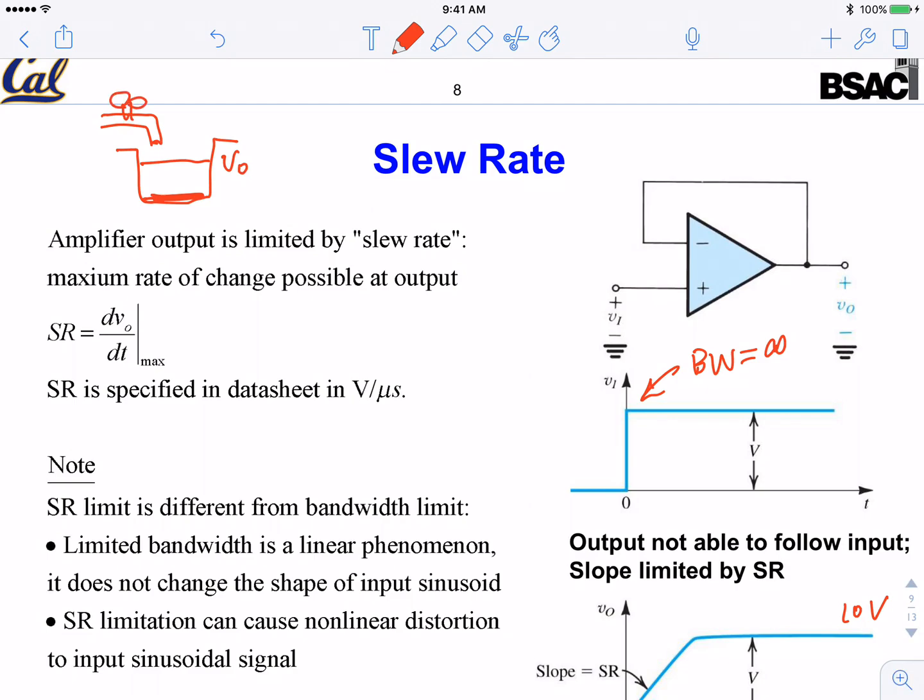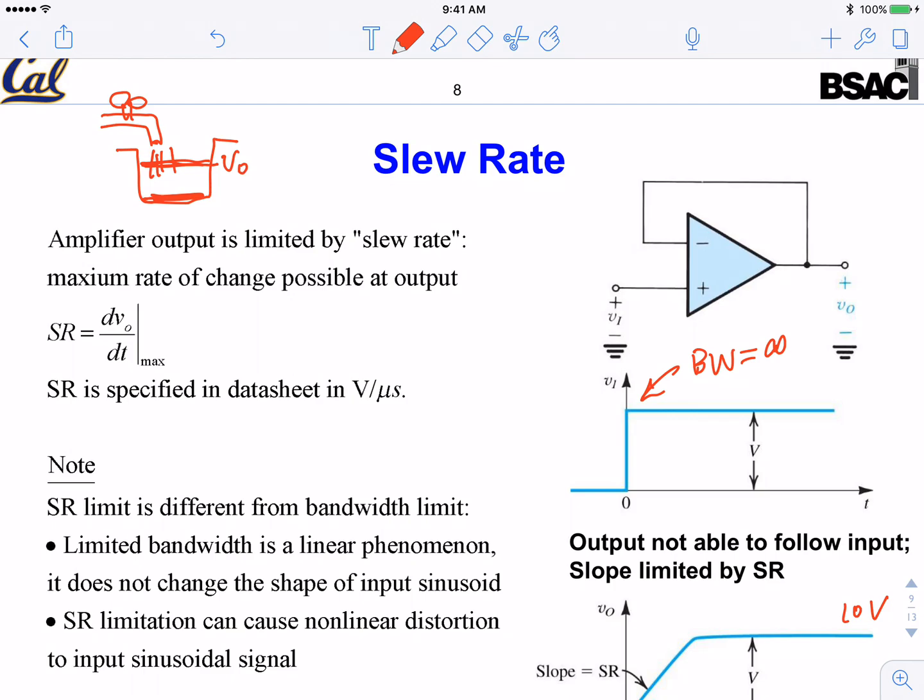You run your faucet to try to fill up your tank to the steady state level, V out here. It takes time for the liquid to fill up the tank. That's what slew rate means.